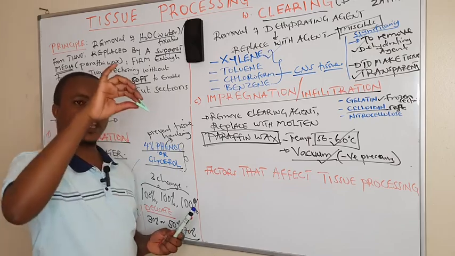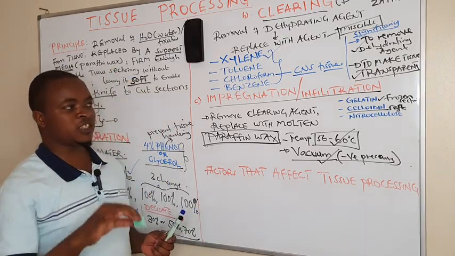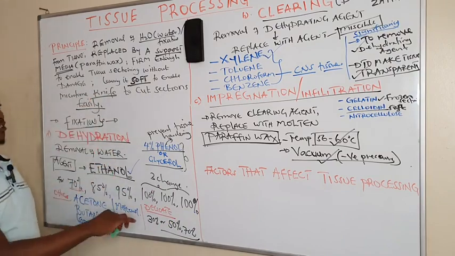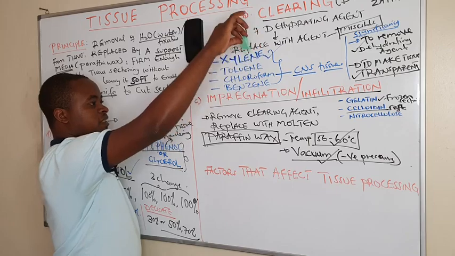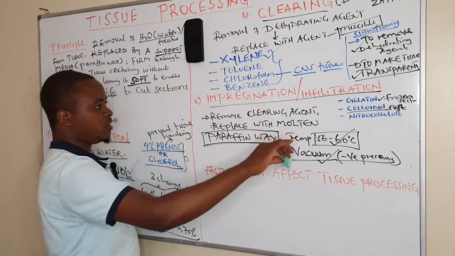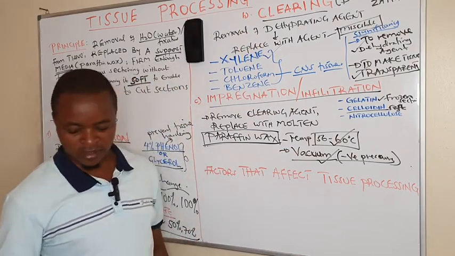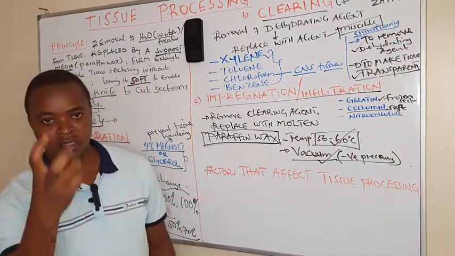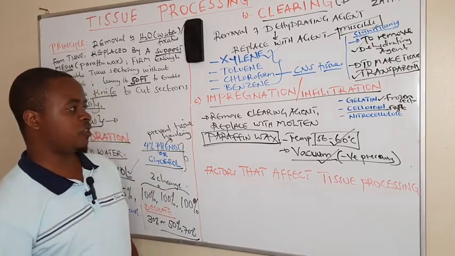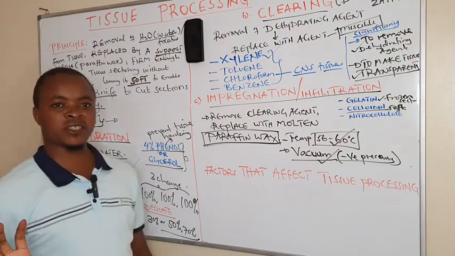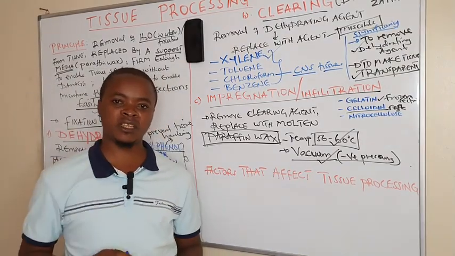When we go to dehydration, we have to make sure there is agitation. In clearing, there is agitation, and even in impregnation, there is agitation, so that we can cause quicker filtration of these agents. And under tissue processor, we normally use even activated charcoal.